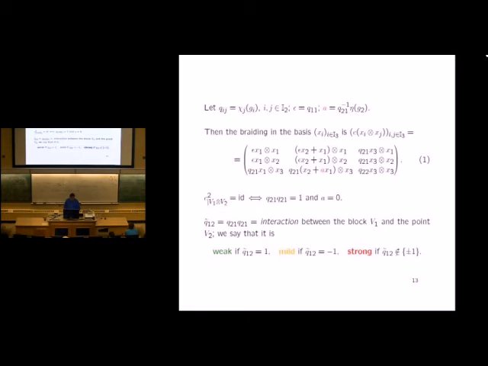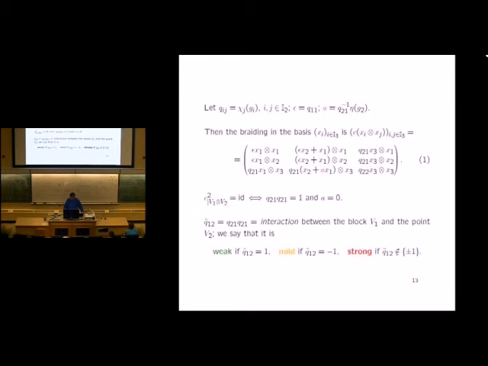And in terms of this relation, C square is the identity between V1 and V2 if and only if Q12 tilde is 1 and A is 0. This is another mistake. Therefore, we need to take care of these two numbers, Q12 tilde and A.